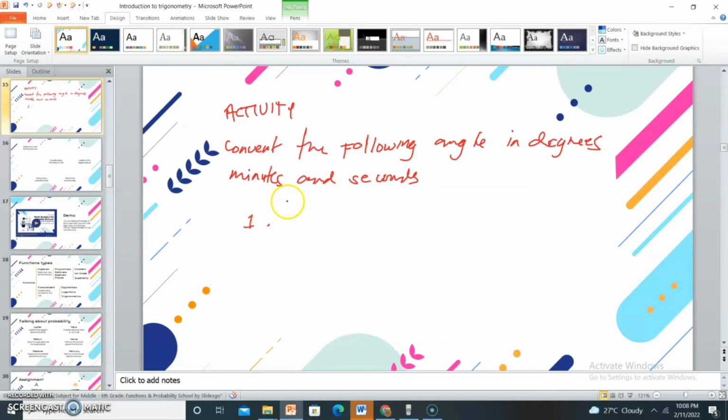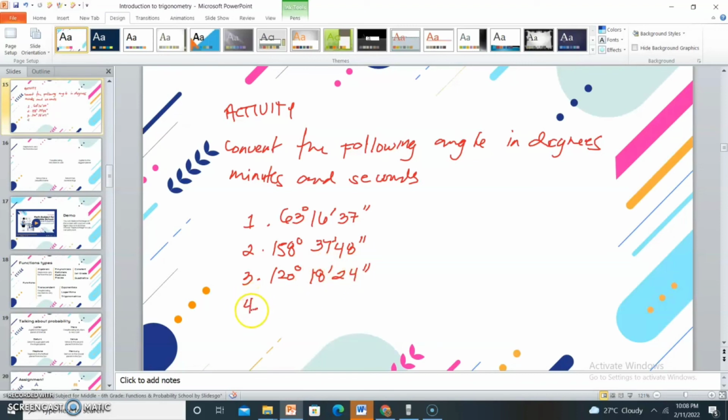Number 1: 63 degrees, 16 minutes, and 37 seconds. Number 2: 158 degrees, 37 minutes, 48 seconds. Number 3: 120 degrees, 18 minutes, and 24 seconds.